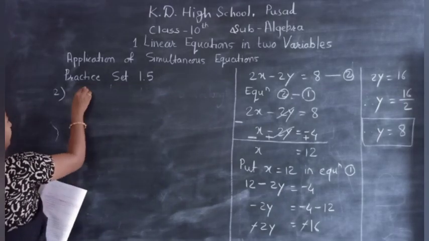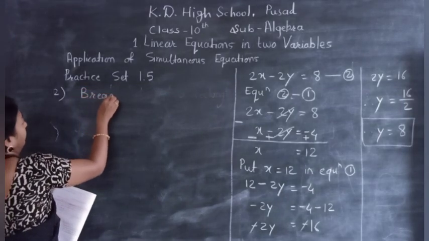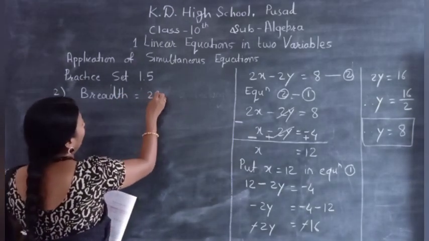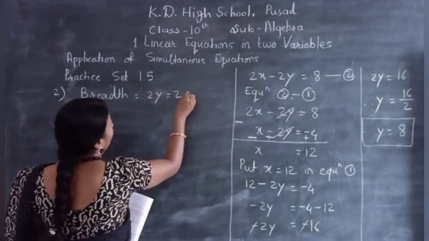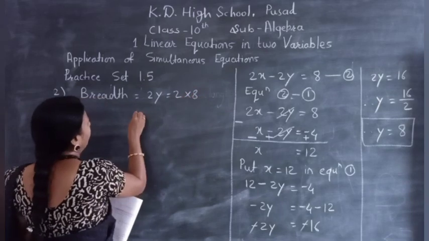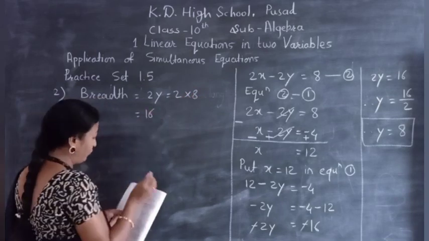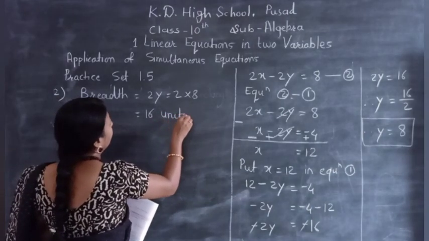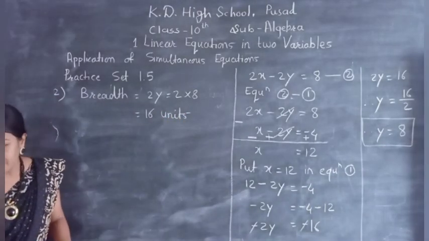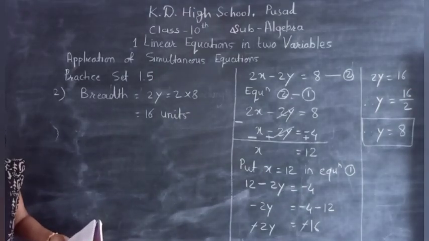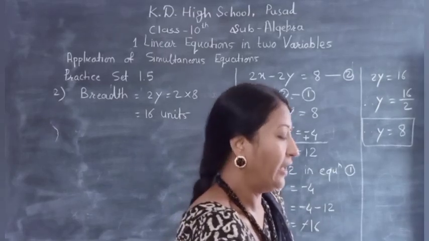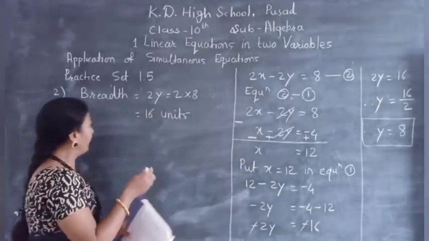Breadth is 2y. 2y is equal to 2 into 8, that equals 16. The unit is not given, so we write here 16 units. Now secondly, we have to find out the length of the rectangle. So what is the length of the rectangle?